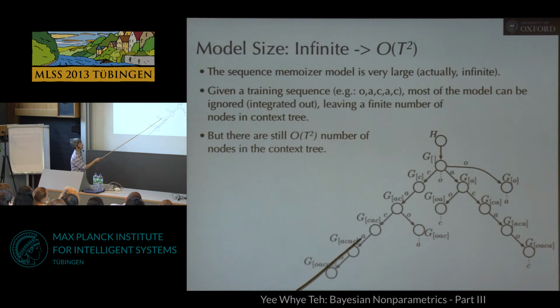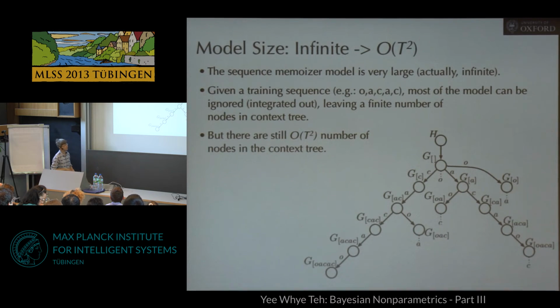It would be nice if we could integrate out these internal nodes that have only one child, so that we end up with a tree where every internal node has at least two children. This would allow us to reduce the number of nodes we have to infer from quadratic to linear.